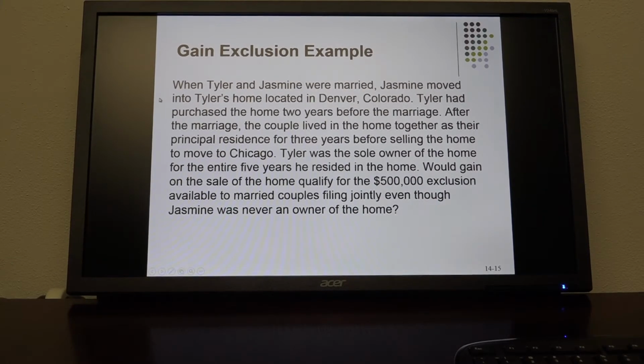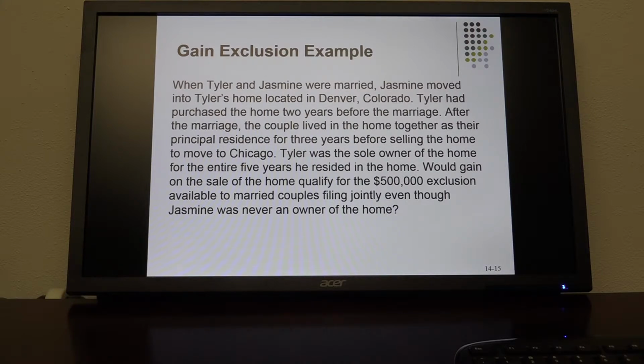All right, so example. When Tyler and Jasmine were married, Jasmine moved into Tyler's home located in Denver, Colorado. Tyler had purchased the home 2 years before the marriage, and after the marriage, the couple lived in the home together as their principal residence for 3 years before selling the home to move to Chicago.